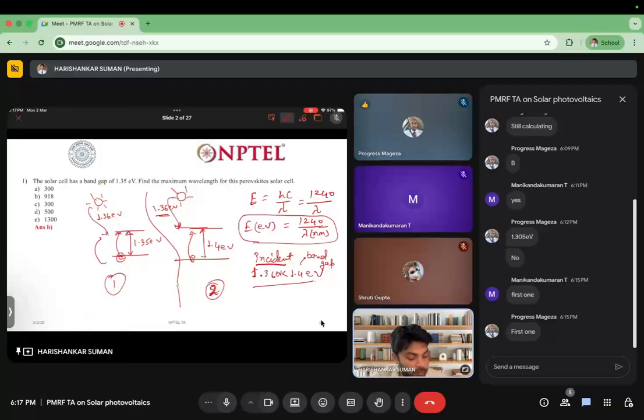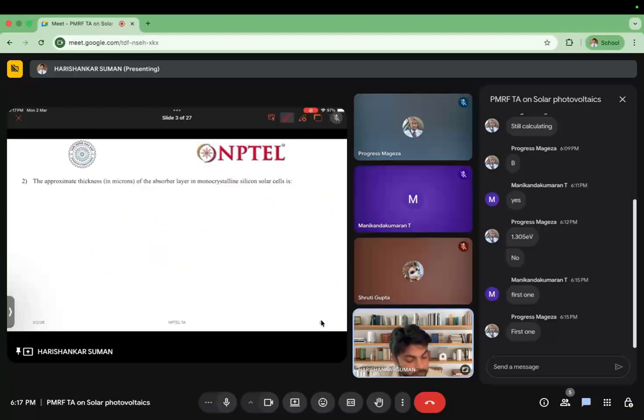Okay, let's move to the next question then. The approximate thickness in microns of the absorber layer in a monocrystalline silicon solar cell is.